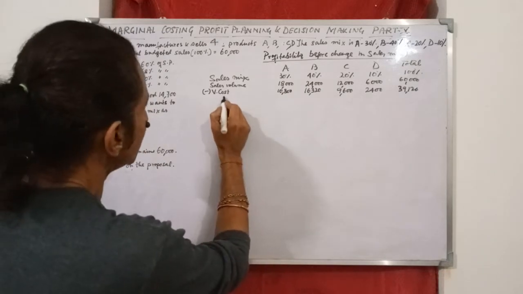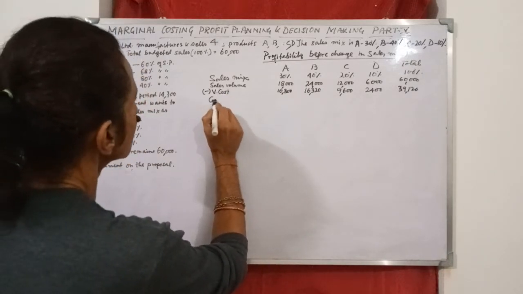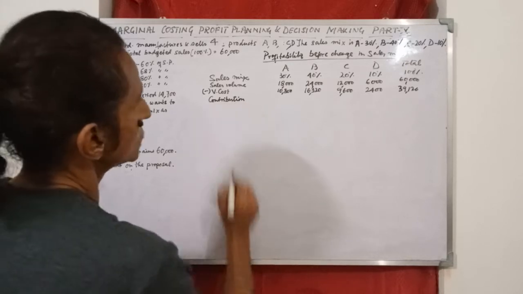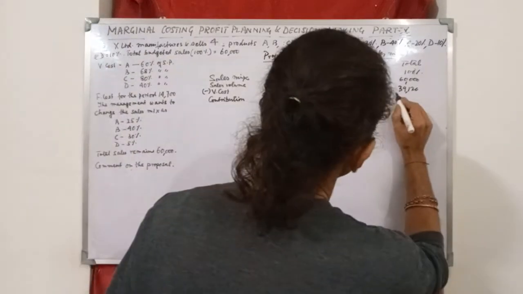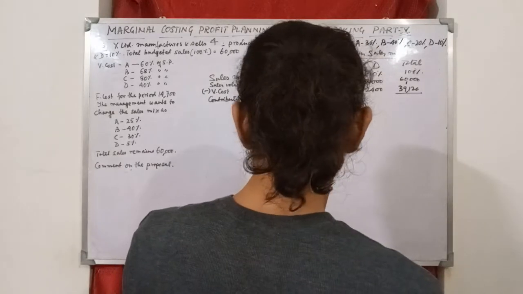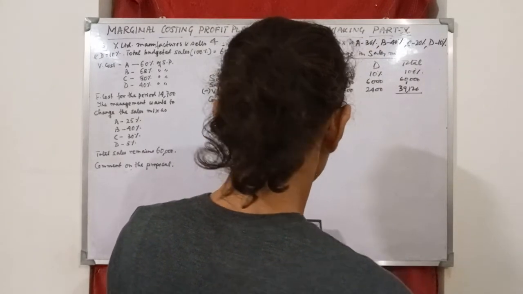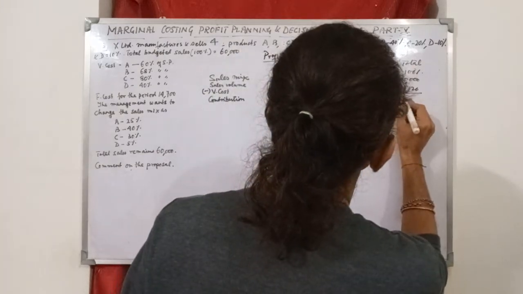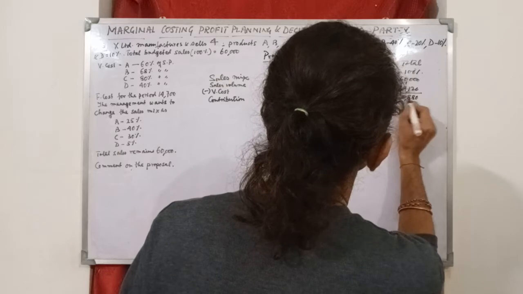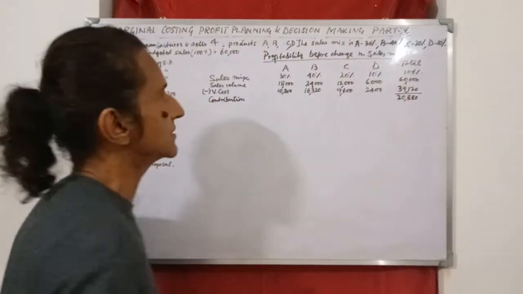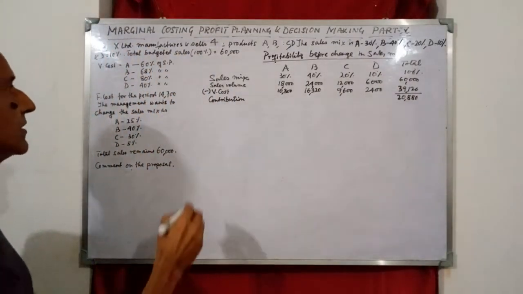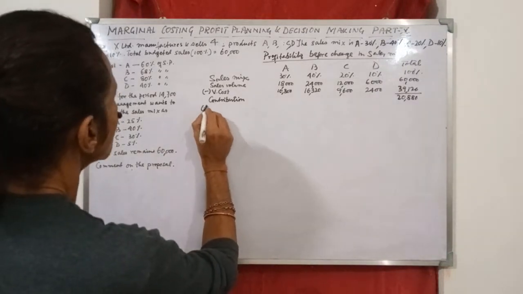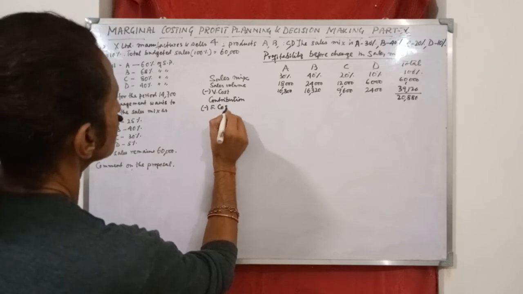So by deducting variable cost from sales, we get contribution. So total contribution is 60,000 minus 39,120, that is 20,880. 20,880 is the total contribution before the changes are implemented. So from contribution we deduct fixed cost to find out profit.